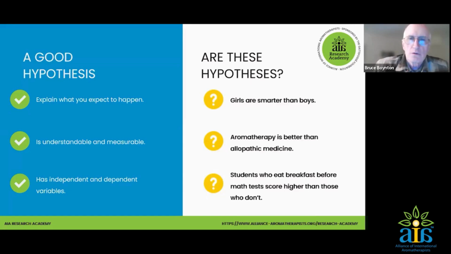Let's take some possible hypotheses. Girls are smarter than boys. Is this a good hypothesis? It may be true, but what girls? How are you going to measure smarter? See, it's too vague.